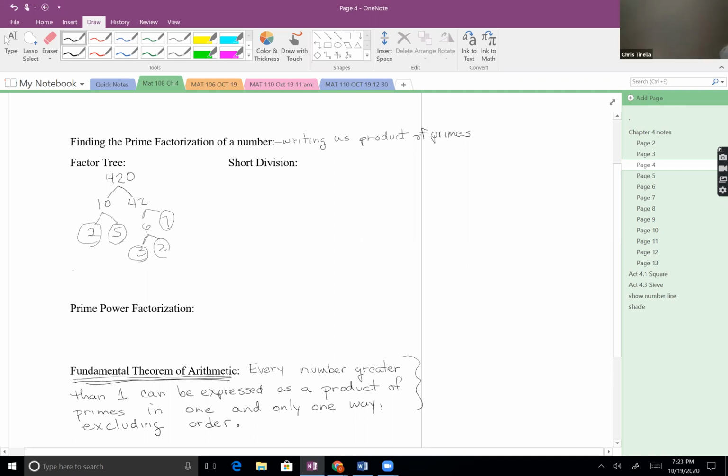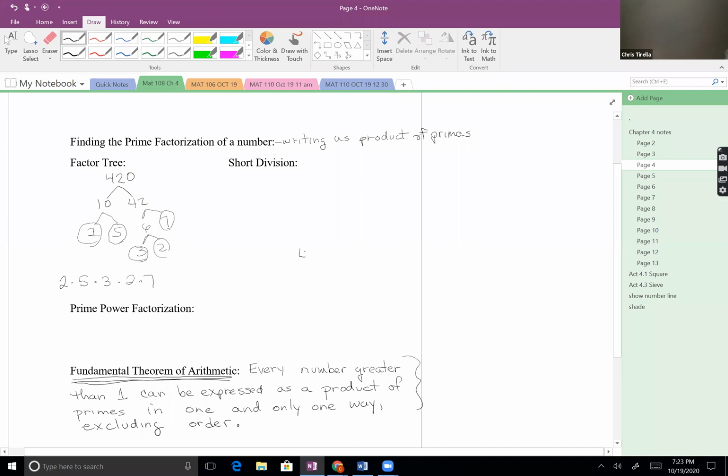And so the prime factors would be 2 times 5 times 3 times 2 times 7. And they're all prime. Have you folks done factor trees previously in your mathematical career? Is that something you've seen before? Yes. Right.